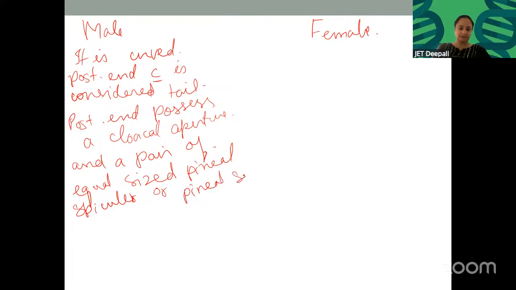What is the use of these setae? They serve to transfer the sperm during copulation.